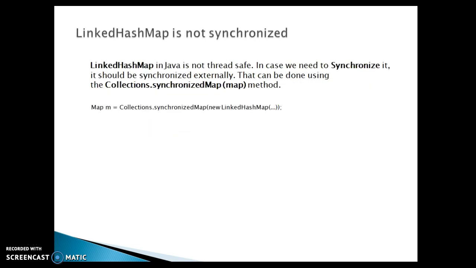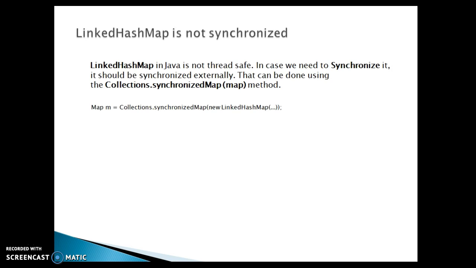Now linked hash map is not synchronized, right? Even hash map is also not synchronized. So if you want to use hash map or linked hash map in a multi-threaded environment, then you have to make it synchronized externally, right? And that's what Collections, a utility class in the java.util package, which provides various static factory methods, does.